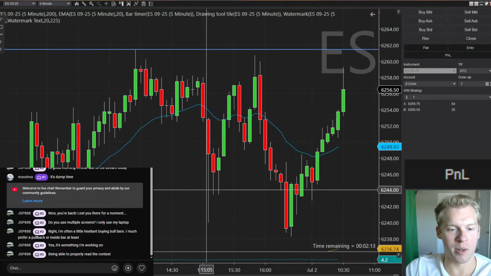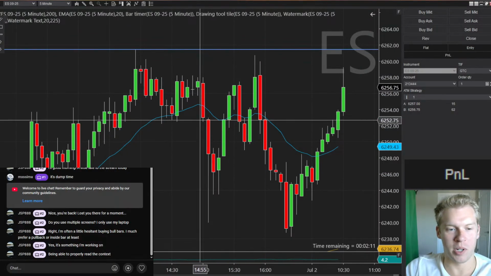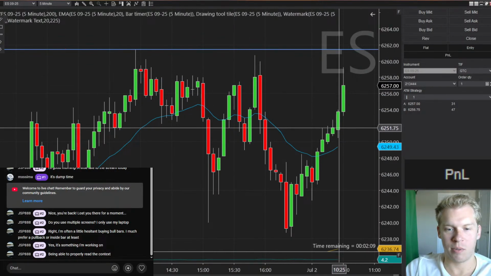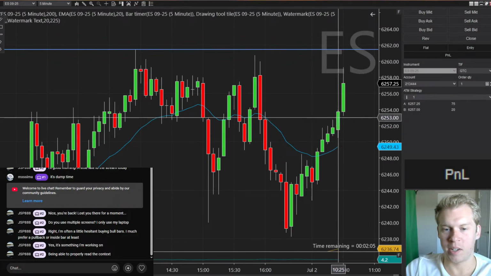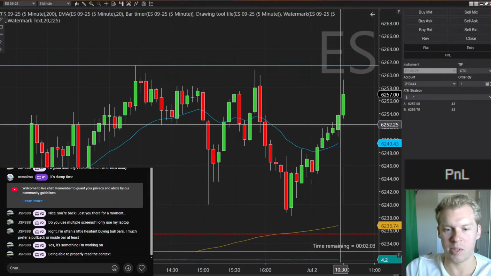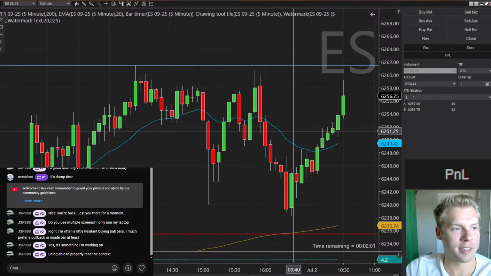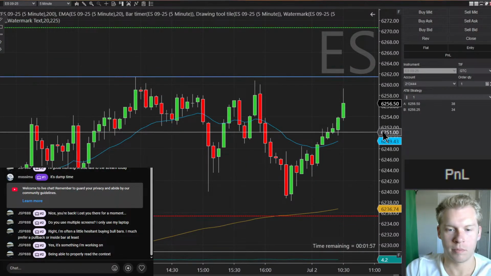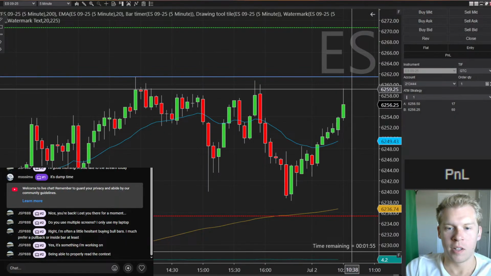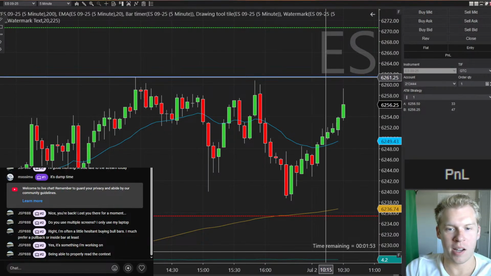It went down first, and then it went up first. That went down, then it went up. So I'd rather not be buying above effectively what's the trading range, even if it's a small one. We actually got pretty close to yesterday's high on that move up.